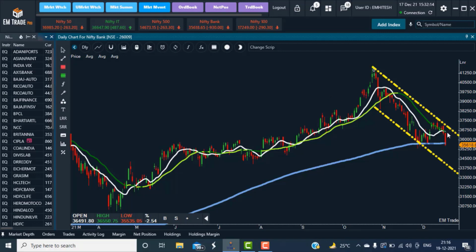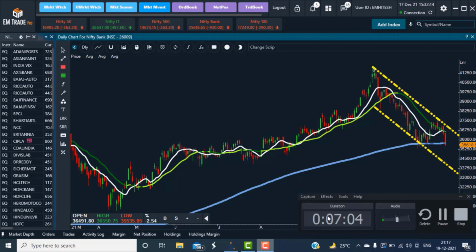So the market is a sell on rise with Friday's high as your stop for both Nifty and Bank Nifty. Both the 10 and 20, which are the near term and the short term averages, are coinciding. And Bank Nifty has closed below the 200-day moving average. So that makes the bias for the market negative.